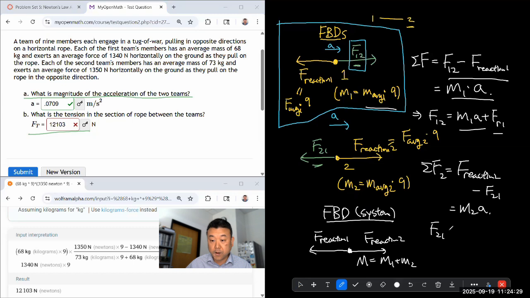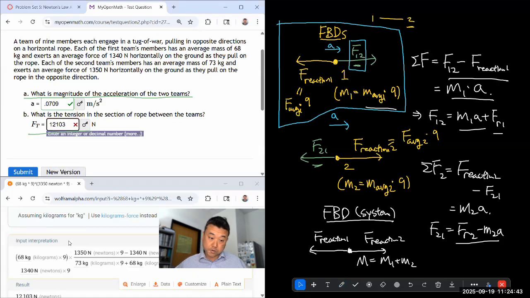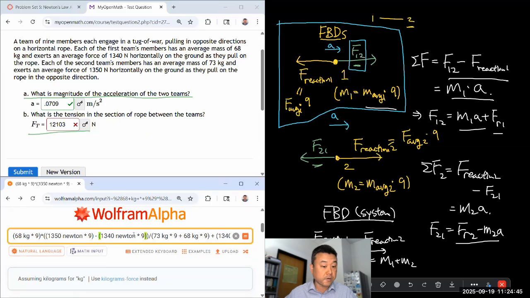So F21 is equal to F reaction 2 minus M2A. And when you do this calculation, you'll find that that gives you the same magnitude as this one, as you should expect from Newton's third law.